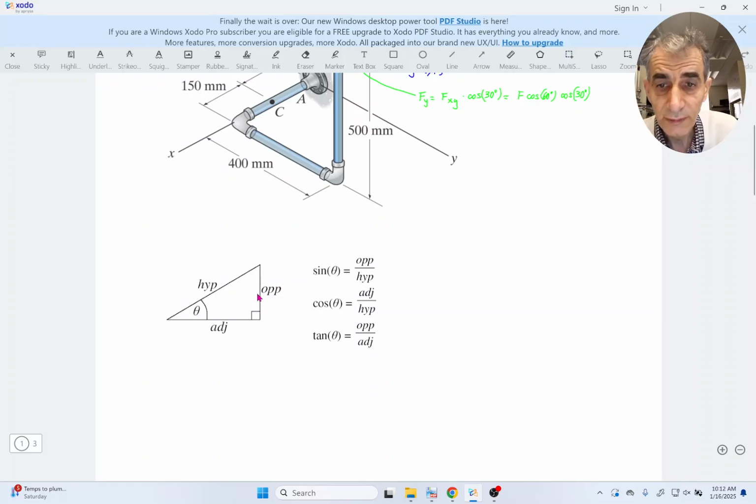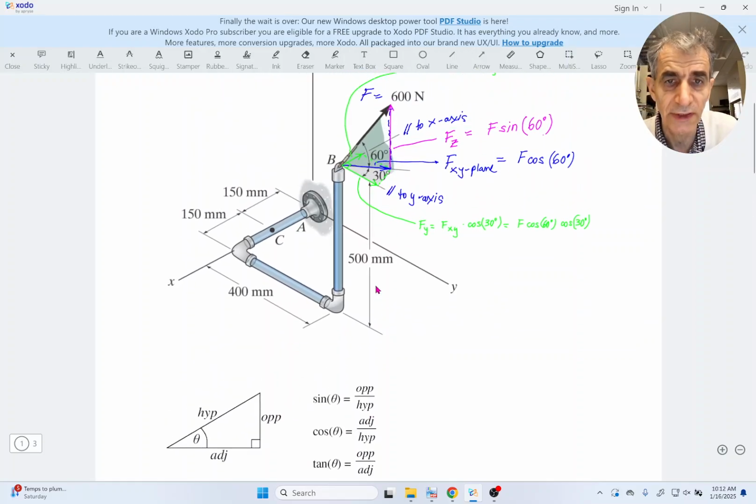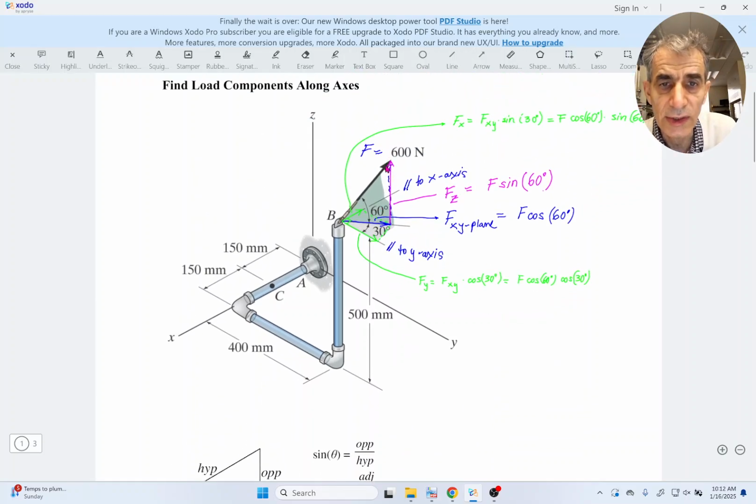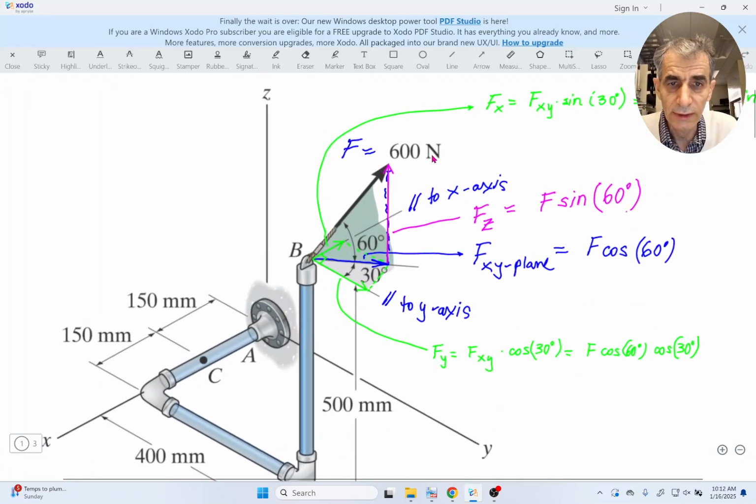So, let's apply these functions to figure out the components. We can see that the opposite leg will be basically the fy component, and the adjacent leg will be the x component.